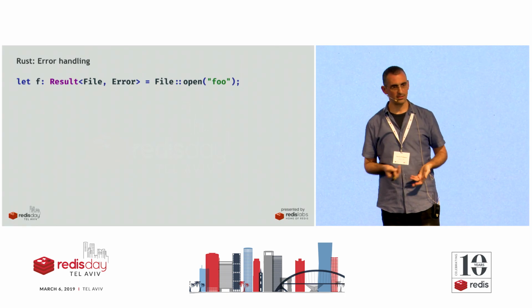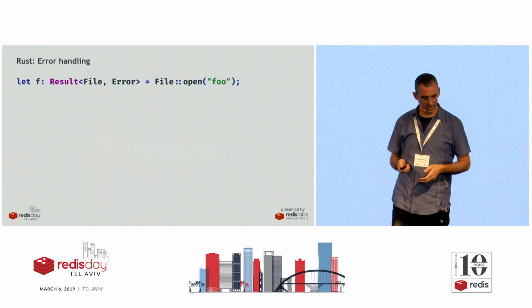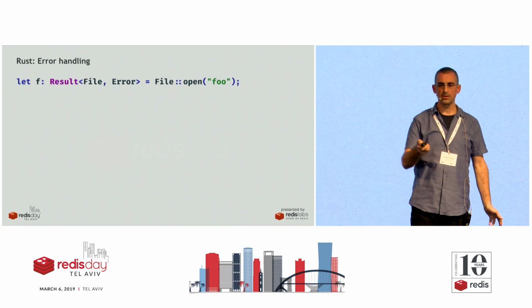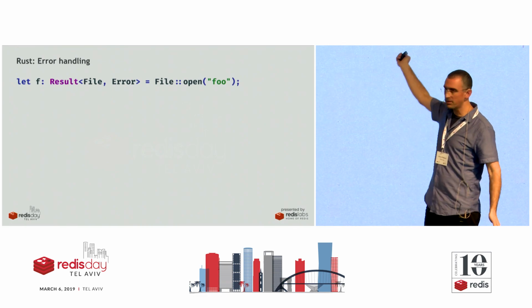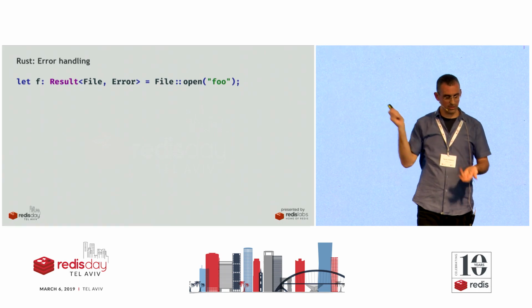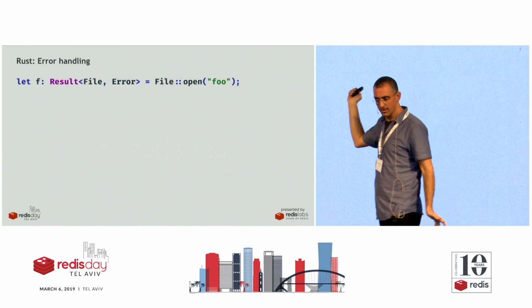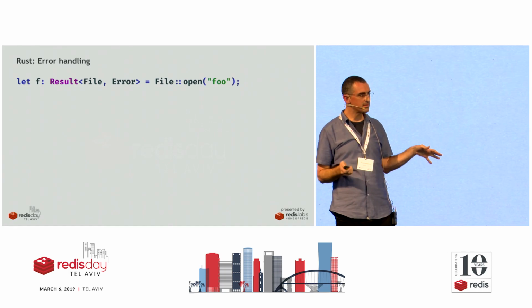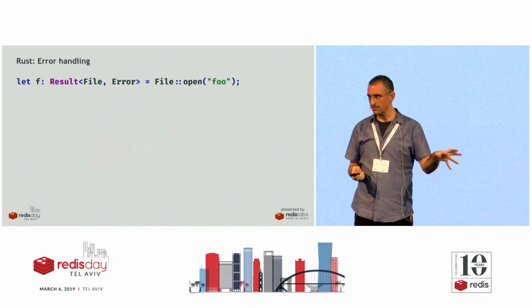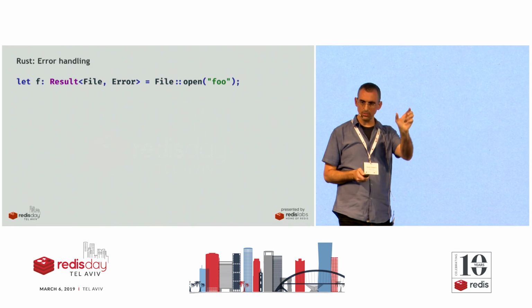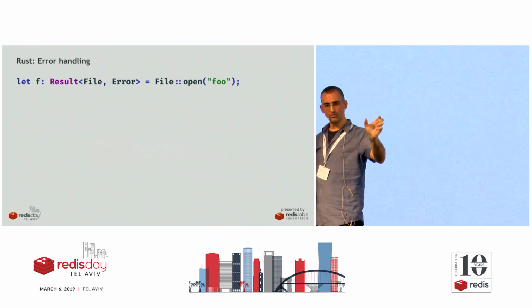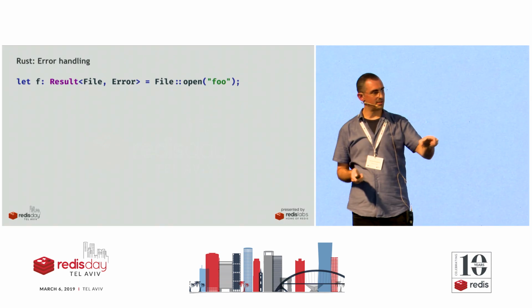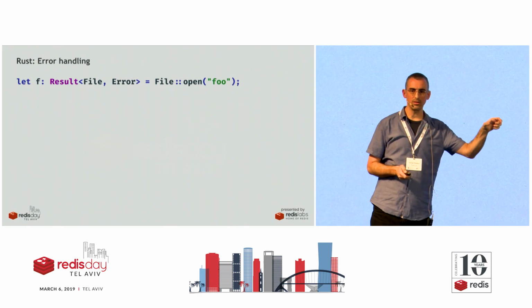Any user-specified object can be inside a Result. So if we say we have a Result that has either a file or an error, which is the signature of the file open method from the Rust standard library, it means that if we run this, we don't get back a file handle. We also don't get back an error code. We get a Result, a sum type, and we have to inspect that sum type to see whether we got an error or we have a valid file.